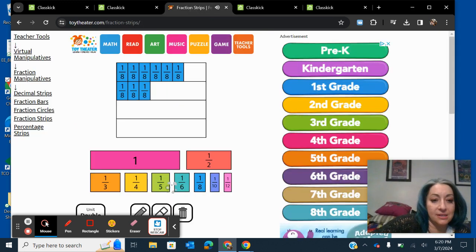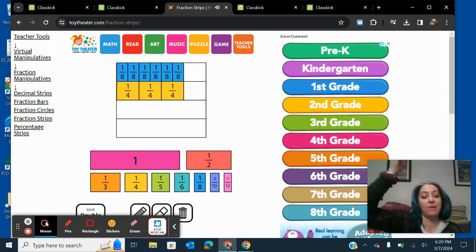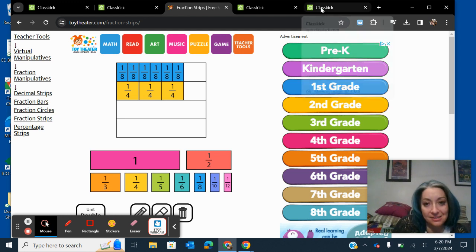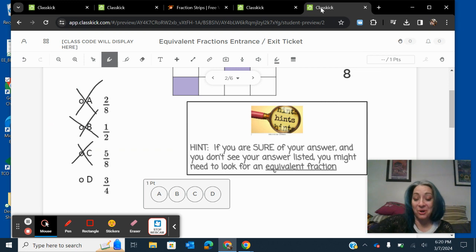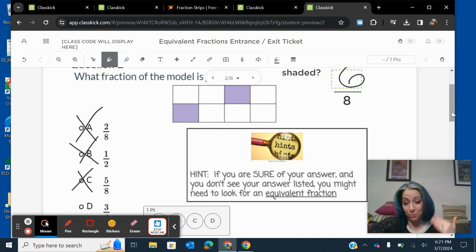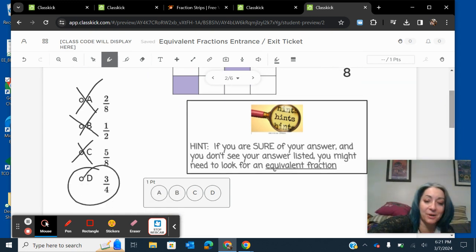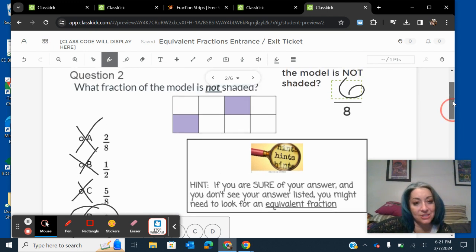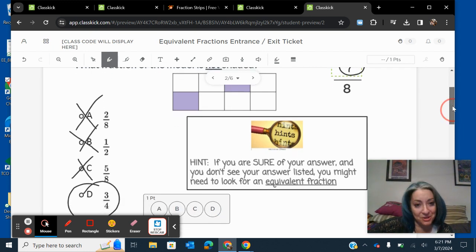Let's take these eighths away. 3/4. Here's 1/4. Here's 2/4. Oh my gosh, 3/4. Exactly the same size. So for a question where you're like, no, I know this is definitely the answer, and you don't see your answer choice listed, it's probably going to be an equivalent fraction. So for this example, 6/8 is equivalent to 3/4, which would be the correct answer.